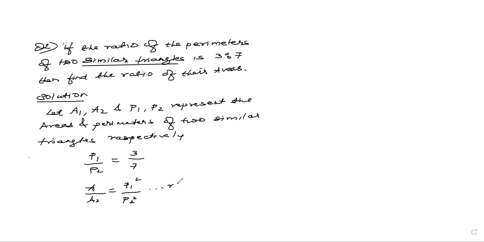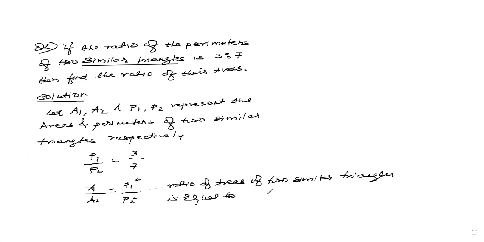Got it? The ratio of the areas of two similar triangles is equal to the ratio of the squares of their corresponding sides.